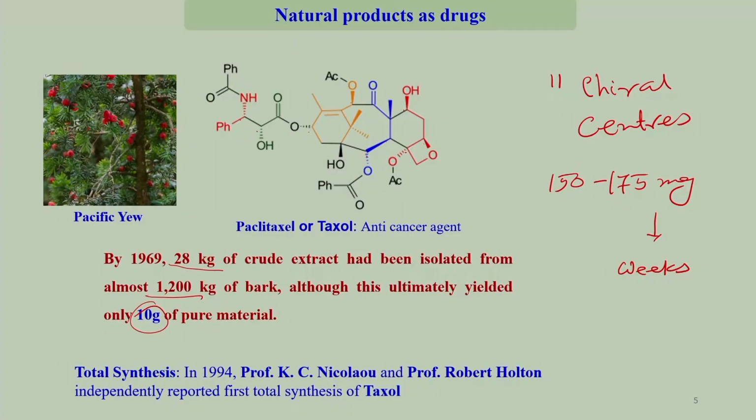For this particular molecule, after a lot of research and hard work, in 1994, Professor K. C. Nicolaou and Professor Robert Holton independently reported the total synthesis of this whole molecule, Taxol. This is a plant alkaloid, which has 11 chiral centers, and is used in many types of cancers, including breast cancer, cervical cancer, ovarian cancer, and so on.